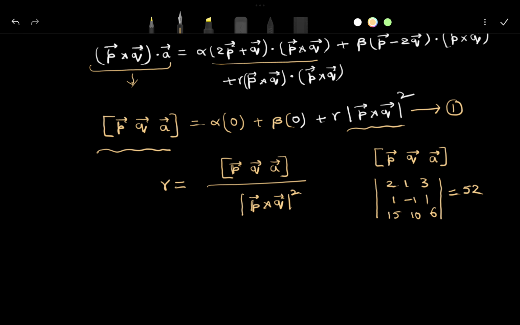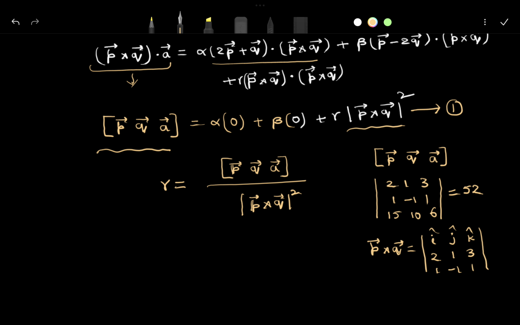And next one is again P bar cross Q bar. You know how to find this vector: the determinant of i, j, k. P bar vector is nothing but 2, 1, 3, and Q bar is 1, minus 1 and 1.